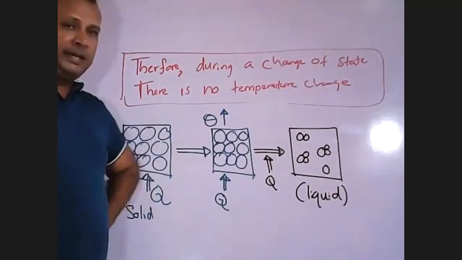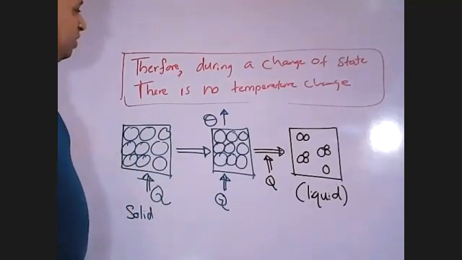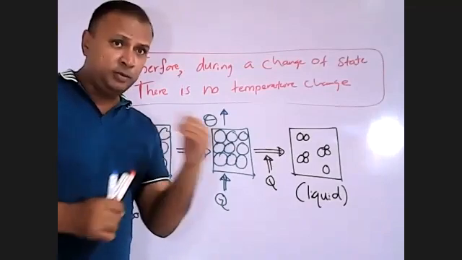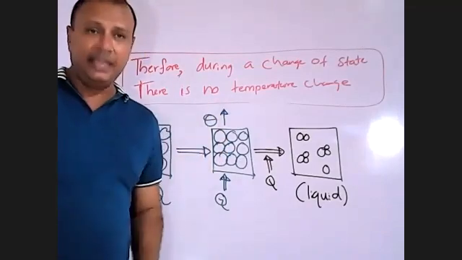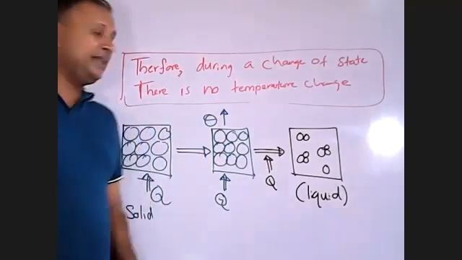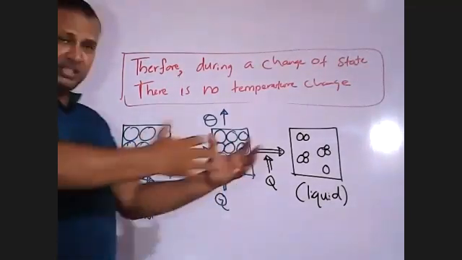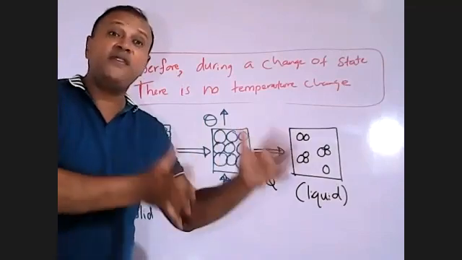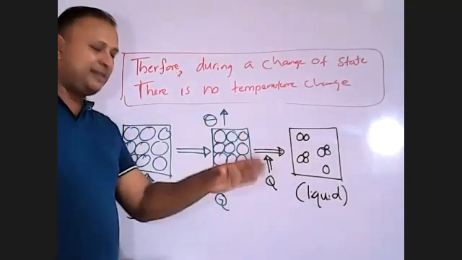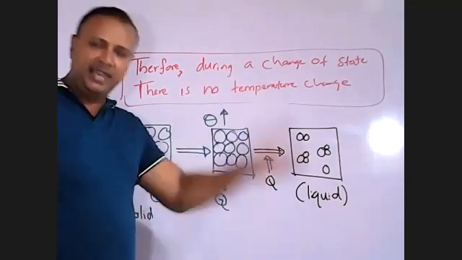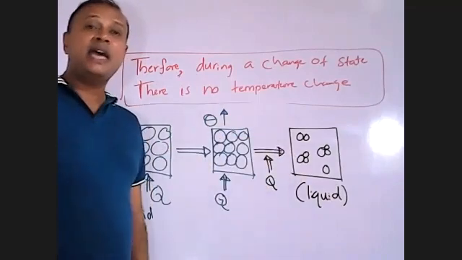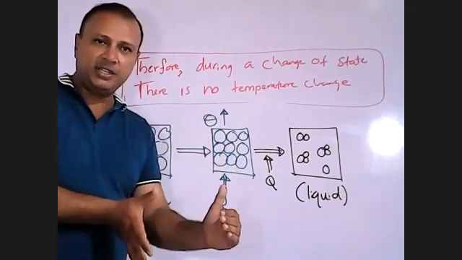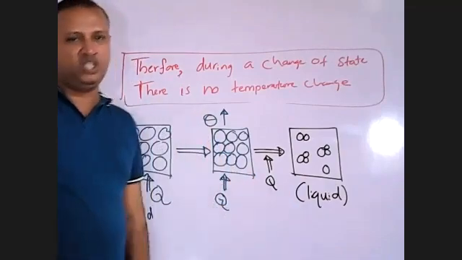So now we can define latent heat. So what is the latent heat? Latent heat is the heat which is absorbed by an object during a phase change. Latent heat is the heat that is absorbed or received by an object during a phase change.